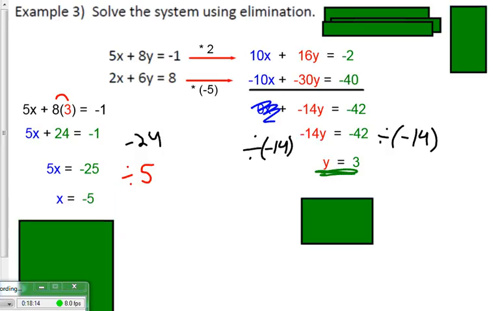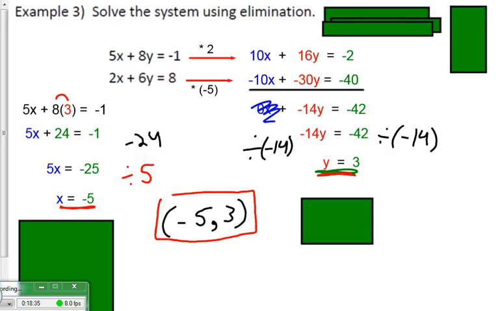So we get x equals negative 5. X is negative 5. Y is positive 3. So our solution, the spot where these two lines are going to cross each other, is at negative 5, 3. This is our one and only solution, the one and only point where both of these lines will cross.